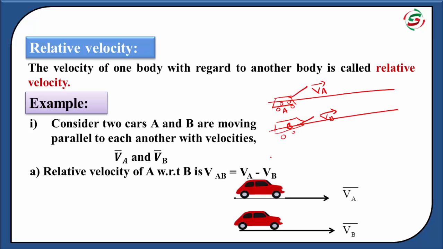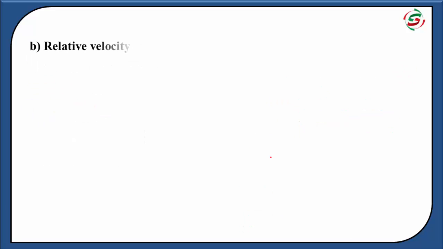Here in this diagram, this is the relative velocity of car A with respect to B. The relative velocity of car B with respect to A, that is VBA, is equal to VB minus VA.